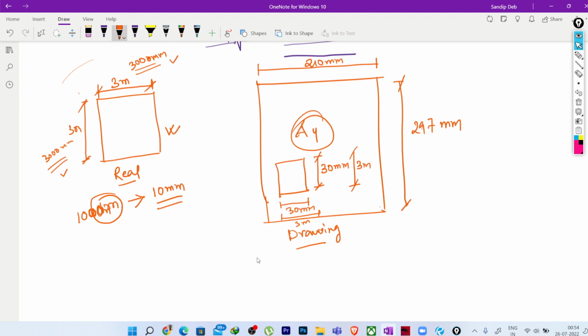Okay, a box of 30 mm by 30 mm in the paper, which is representing a real area of 3 meter by 3 meter. So how have we scaled it down?